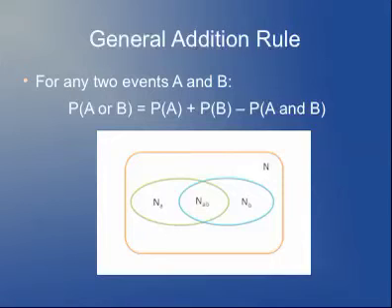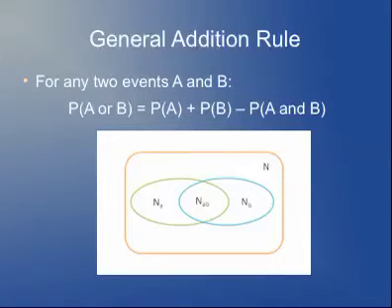In general, if you want to find the probability of A or B and they're not disjoint, then that's going to be equal to the probability of A plus the probability of B minus the probability of both A and B. The intuition here, if you draw the picture, is that you want to find the probability of A or B, which represents the area inside of A or the area inside of B. So you take the area of A plus the area of B, but then you've counted the area in the middle, the overlap between the two groups, twice, so you have to subtract that off.